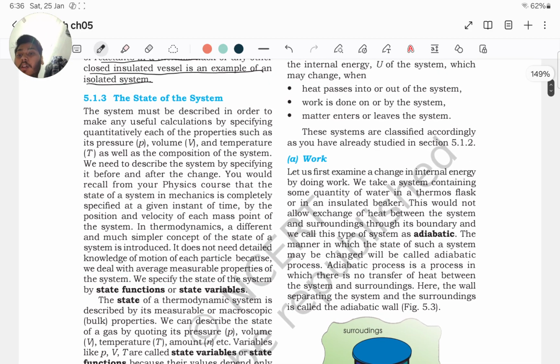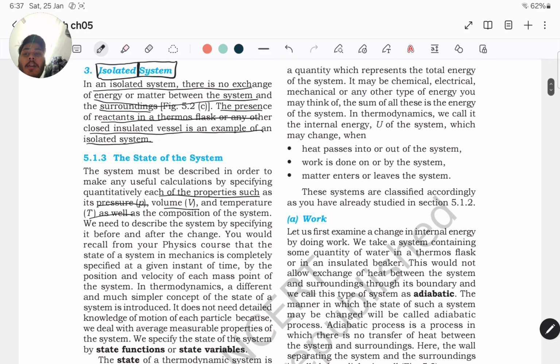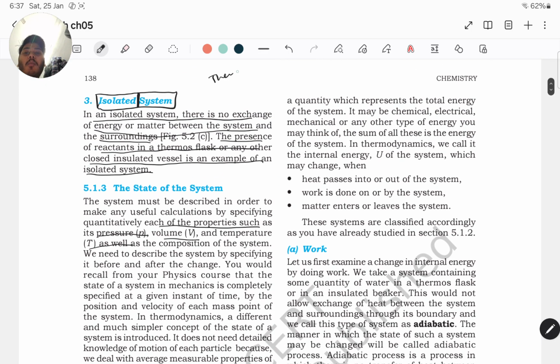Next topic. The system must be described, in order to make any useful calculation, by specifying quantitatively each parameter such as the pressure, volume and temperature. So thermodynamics totally moves around mainly three terms: pressure, volume and temperature.